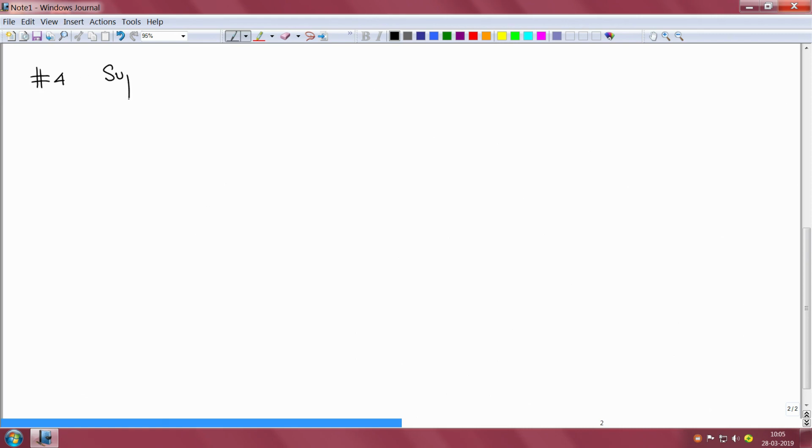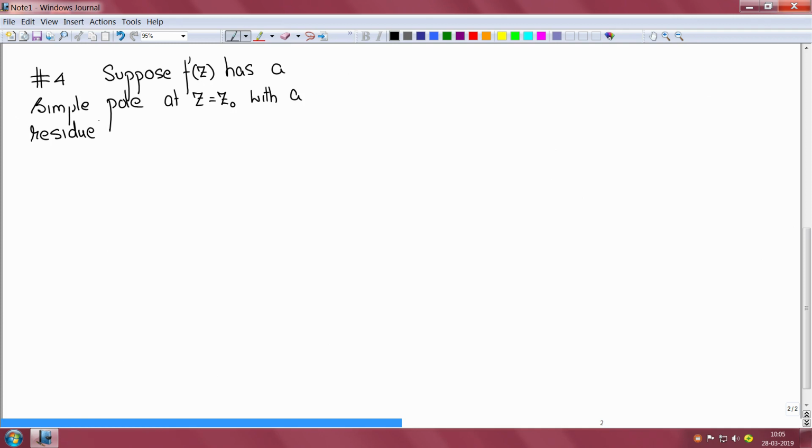Suppose f of z has a simple pole at z equal to z0 with a residue equal to c_{-1}.